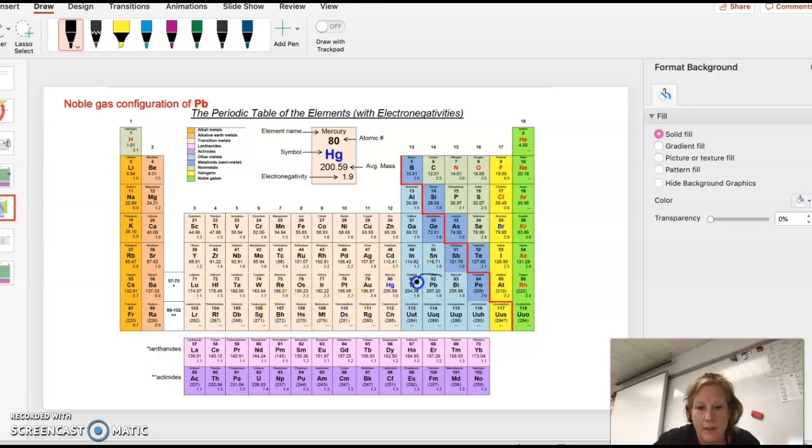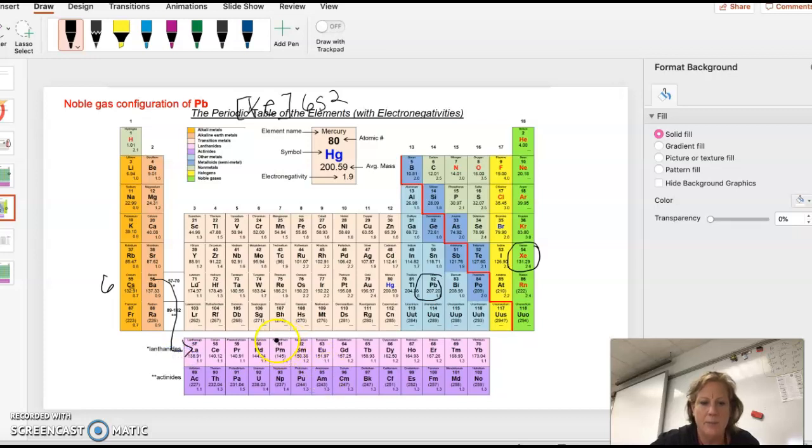So we're going to do lead, and we're going to make it a lot easier by using the noble gas that precedes it. So we would write down xenon in brackets. And then from there, this would be n equals 6. So this would be 6s2. And then instead of going over here to the 5d, we're going to go down.